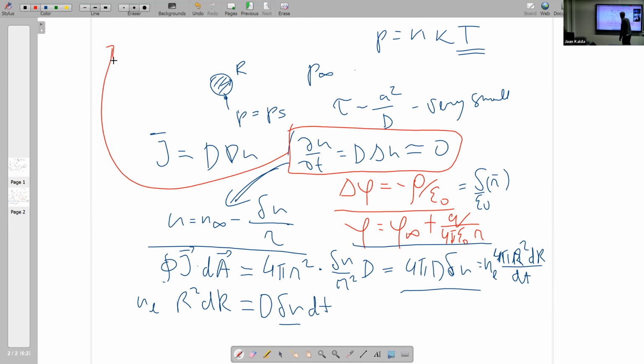Using this analogy, we can write the solution in the form n equals a certain constant n, let us call this n at infinity, plus a certain integration factor c divided by r, because we apply exactly the same form as here.